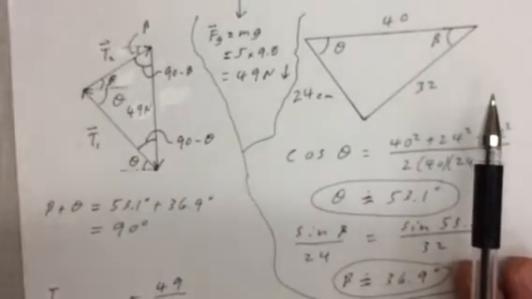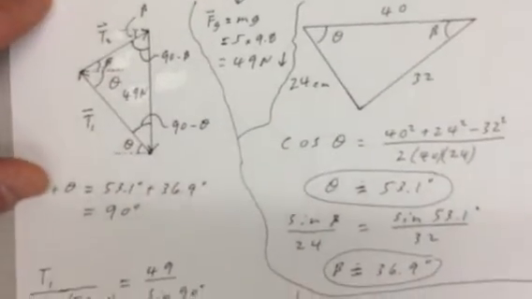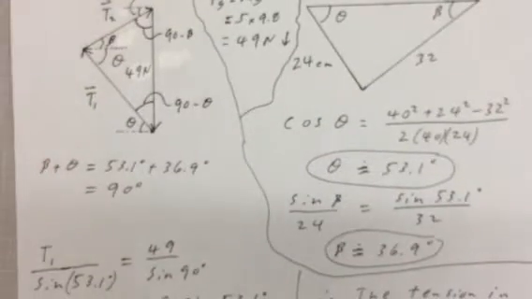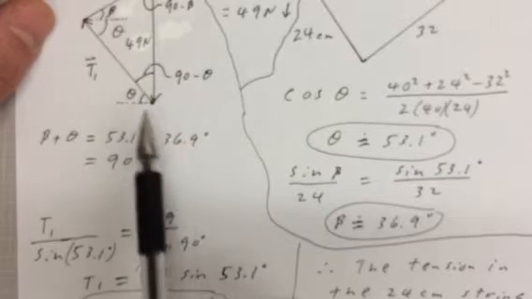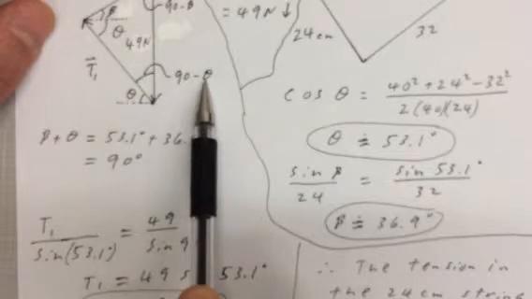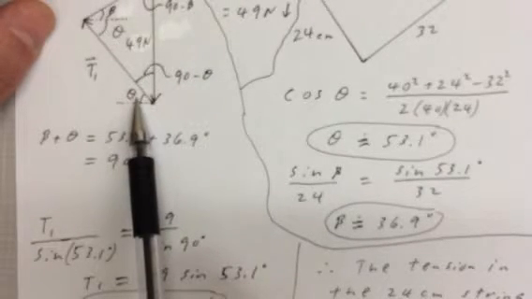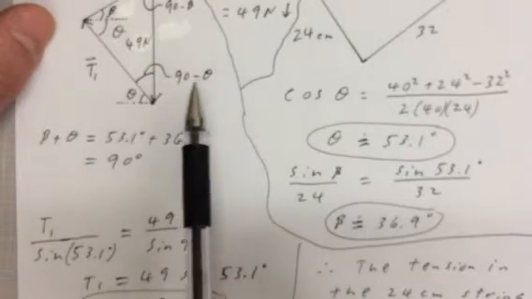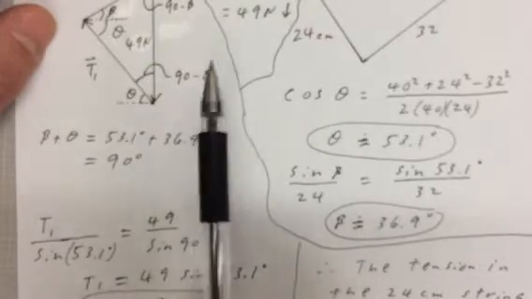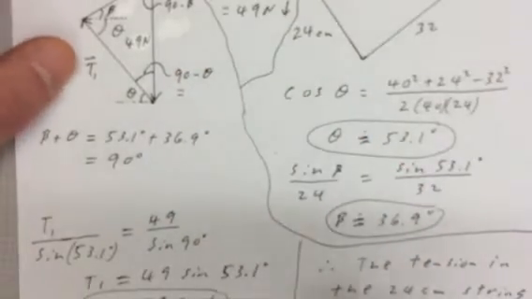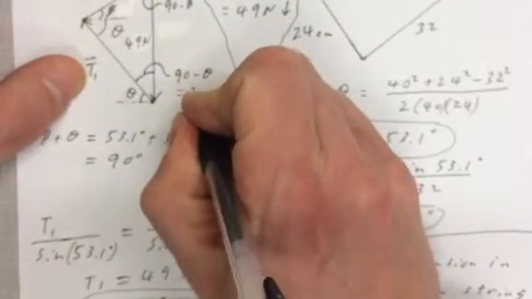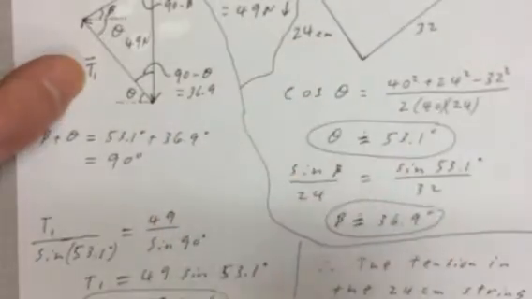Now we can figure out the tensions. So using the sine law, well, we also actually have these angles in here. So 90 minus theta, so theta is 53.1. So 90 minus theta is going to be, let's write it in here, 36.9.